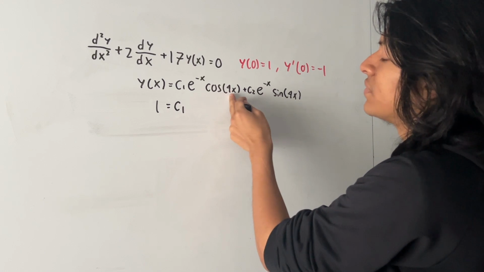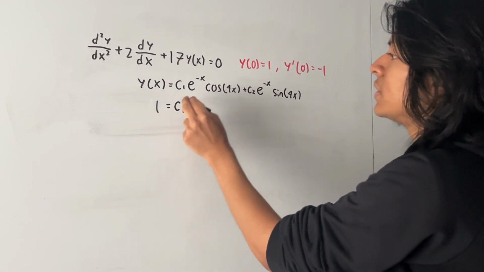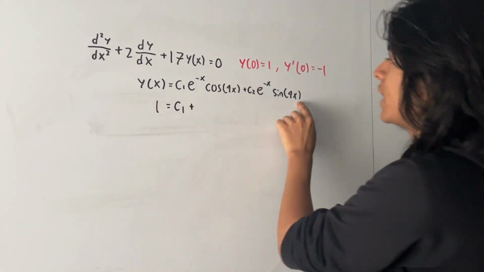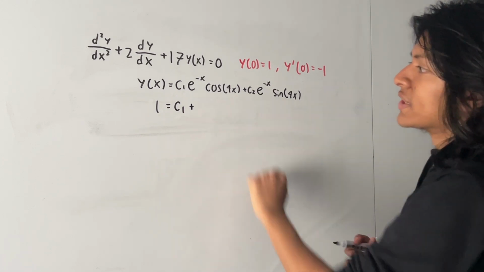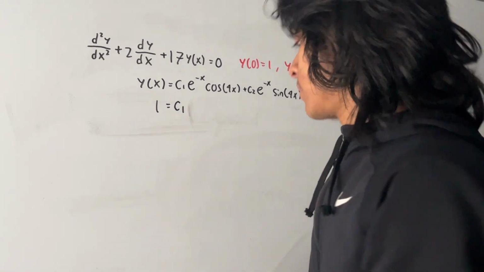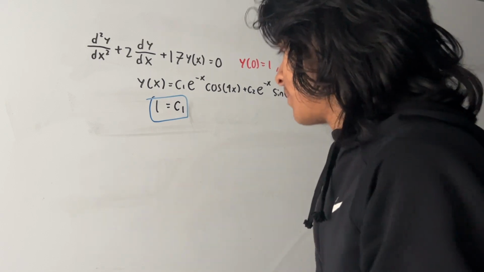Then cosine of 0 is just going to be 1. So we're just left with c1 plus, and if this turns into 0 over here, then this whole thing is 0. So we get c1 is equal to just 1.